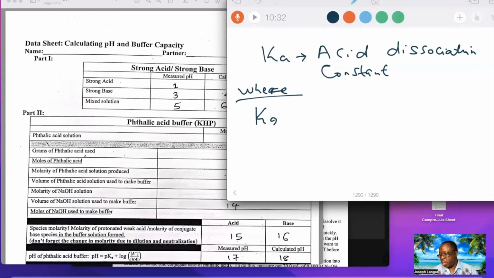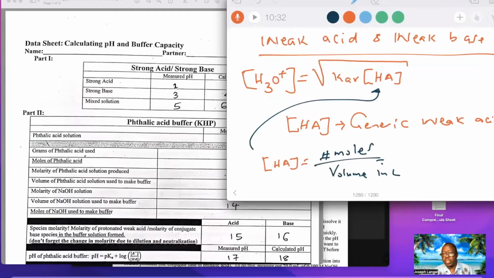Ka equals 10 raised to negative pKa. So you need to know that you are given the pKa values for the acids we will be working with, and we need to rearrange to get the Ka value so that we plug it in this equation to get the hydronium concentration for a weak acid.